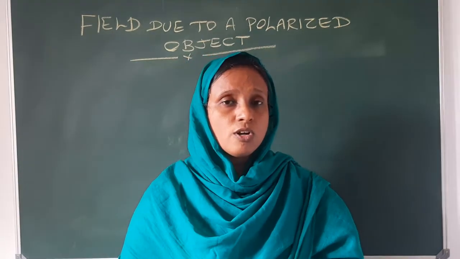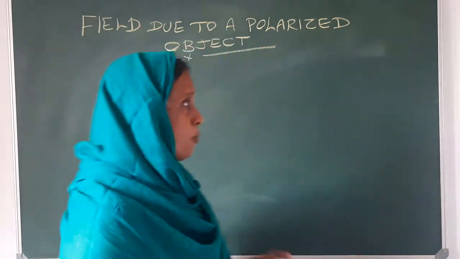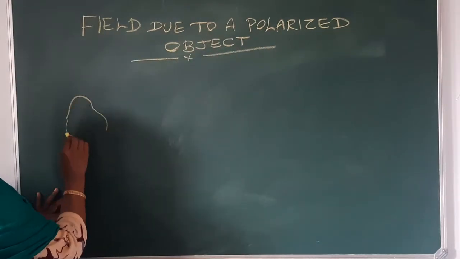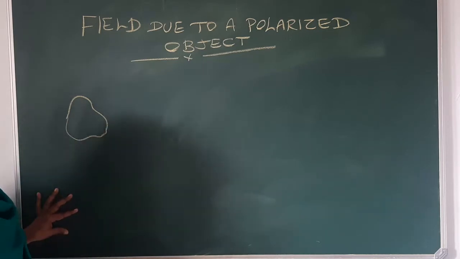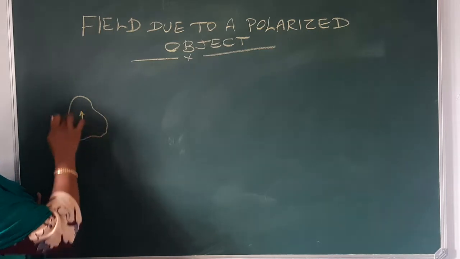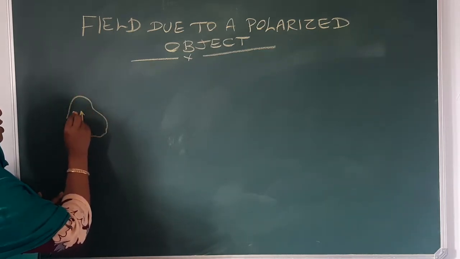First of all, I will show you a polarized object. Consider a polarized object. Suppose this is the polarized object, and in this object there is a dipole like this. There are so many dipoles in it, and one of the dipoles is shown here.